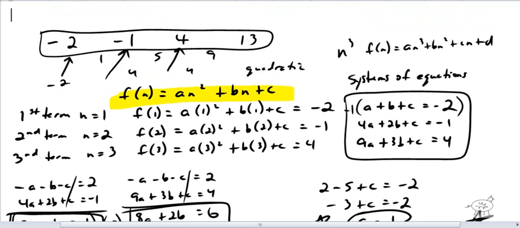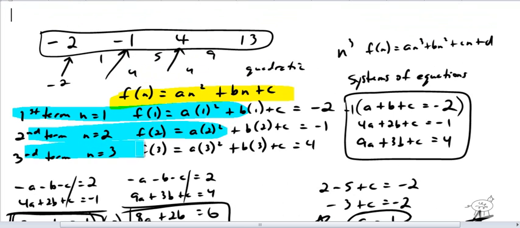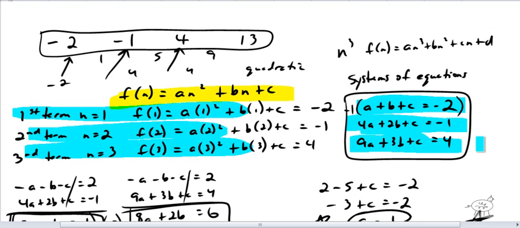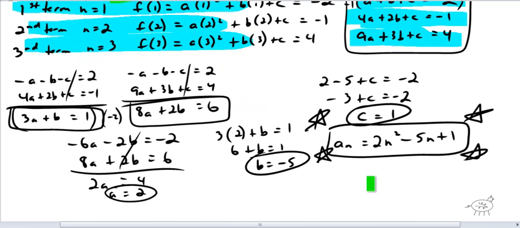Based on -2, -1, 4, and 13, determining that's a quadratic, then using our terms, coming up with our first term, second term, and third term, and then eventually I come up with this system of equations, these 3 equations. I solve them to figure out what a, b, and c are, so then I can plug them back into this guy, and this guy, and this guy, and I actually get my final answer right here.